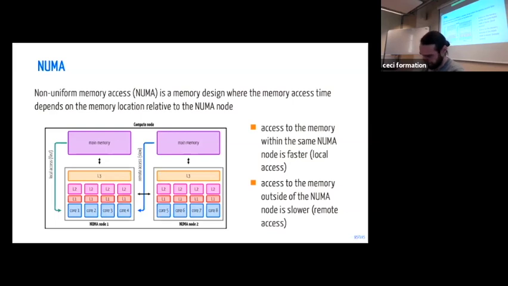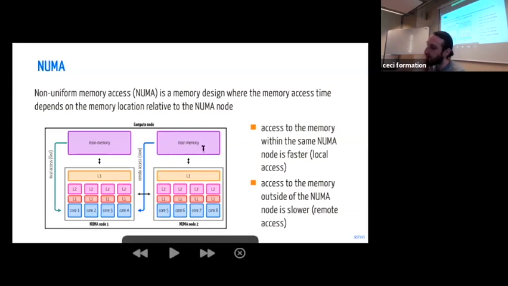And the idea is that, of course, if a socket or a core is closer to some part of the physical memory, the access to this memory is faster, okay? So basically a local access is fast, but if you want to access memory located on another NUMA node, then this is a remote access, and this is slower.